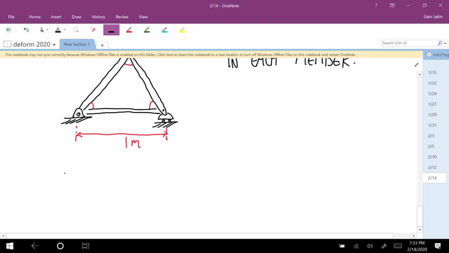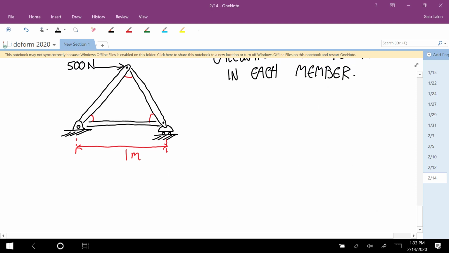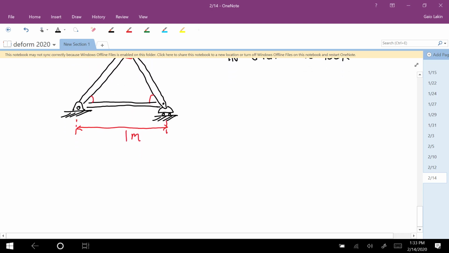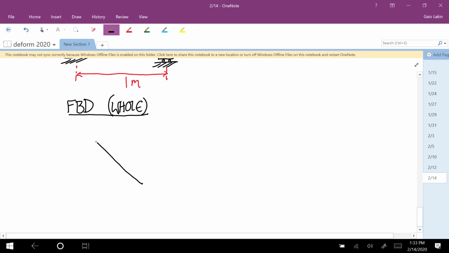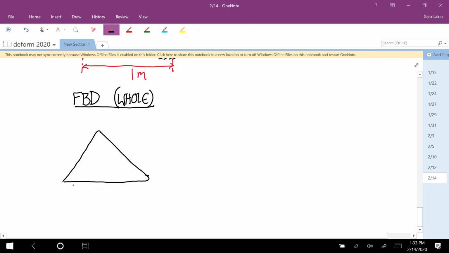So the first step is we're going to treat the whole thing as a rigid body and try to calculate the external loads. So free body diagram of the whole thing. We have a pin joint over here.